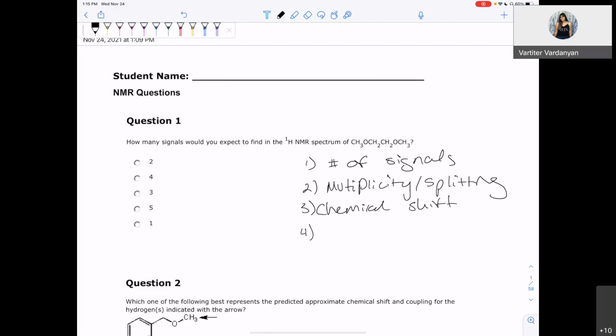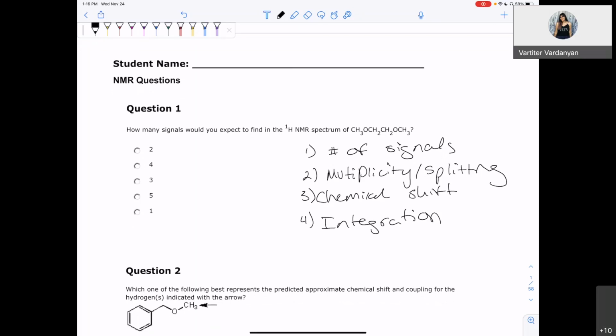And we had integration. So integration was the number of hydrogens or carbons per signal. Chemical shift is basically telling us how shielded or deshielded something is. Multiplicity and splitting, remember, this is only for HNMR. A lot of people have forgotten that, so it's only for hydrogen NMR.